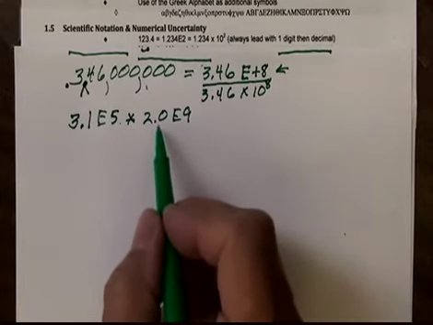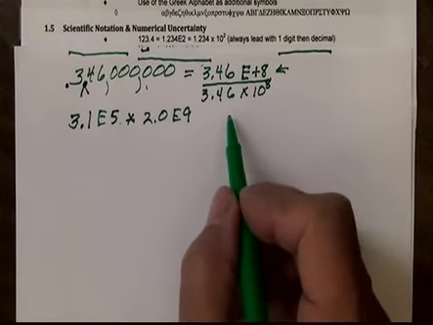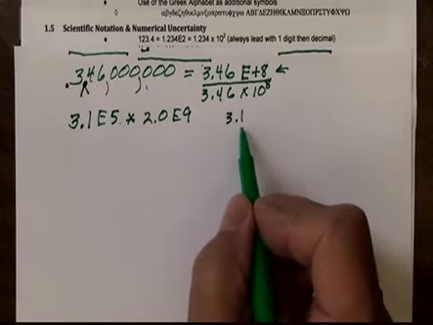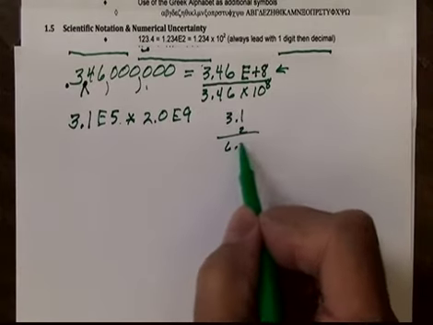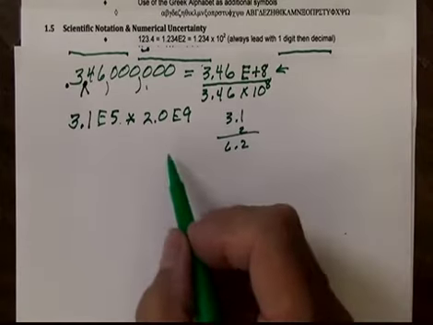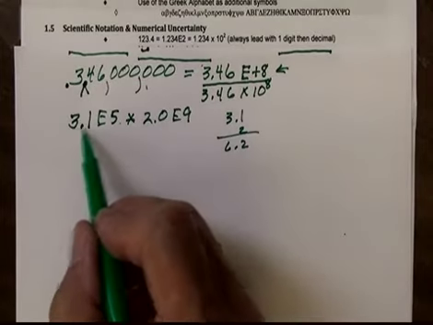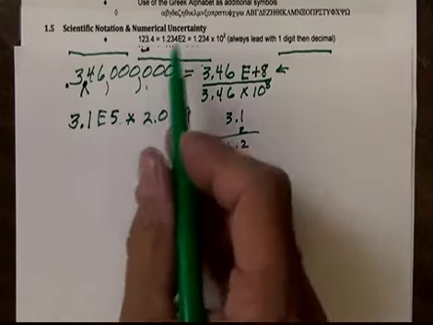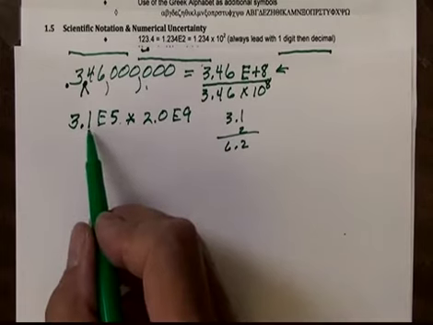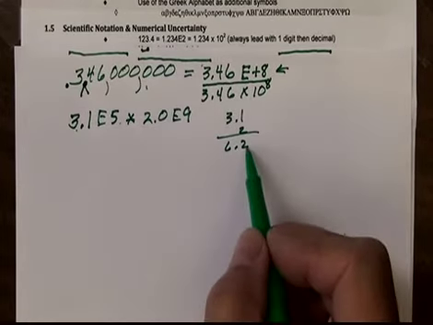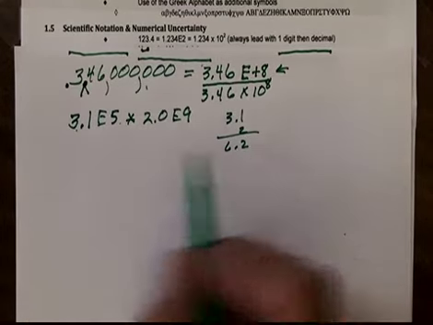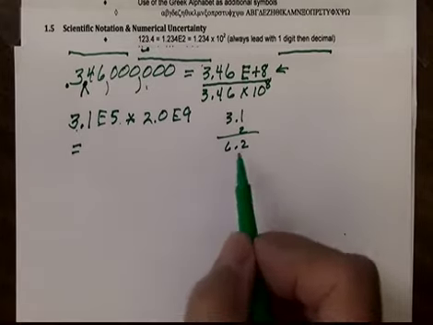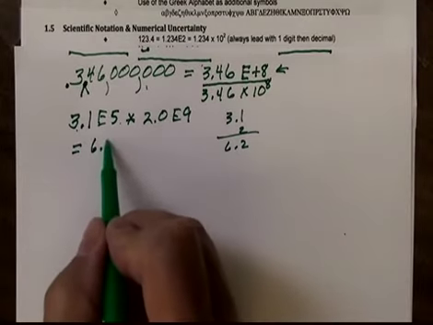However, you'll notice that with this notation, I can take the 3.1 and multiply it by 2 and get 6.2. And we're going to cover this when we cover numerical uncertainty in a minute, I only have 2 significant digits here and here, so I need to restrict this to 2 significant digits. So this will be equal to 6.2.